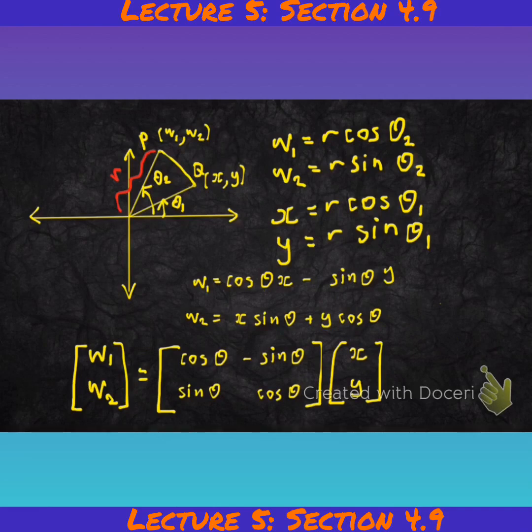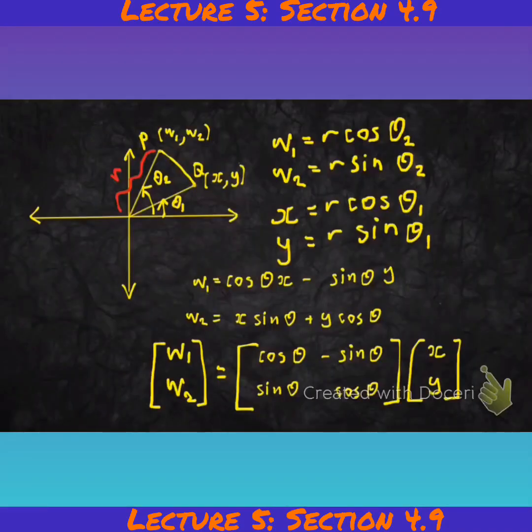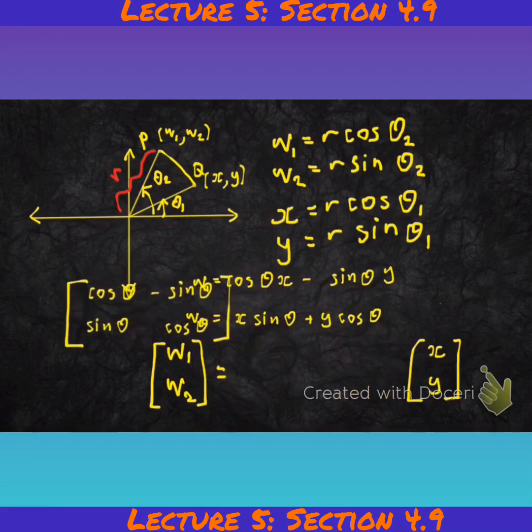So now I want to transform the point W1, W2 to the point x, y. So I want to find the matrix that I have to multiply with W1, W2 to get me to the point x, y. Alright, so we can then solve for the point x, y quite easily by inverting the matrix.